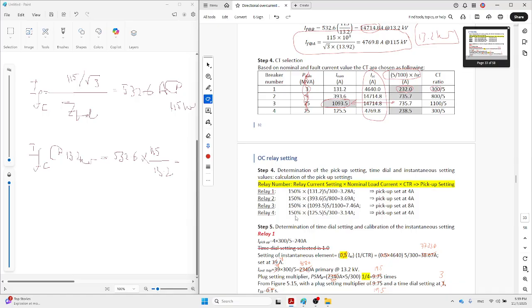You can see 150, 150, 150 for all of them. The nominal current is listed down for breaker number 1 or relay number 1, relay number 2, relay number 3, and relay number 4. And then we need to times it or divide it by CTR.